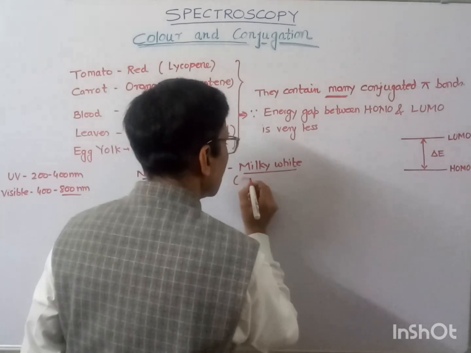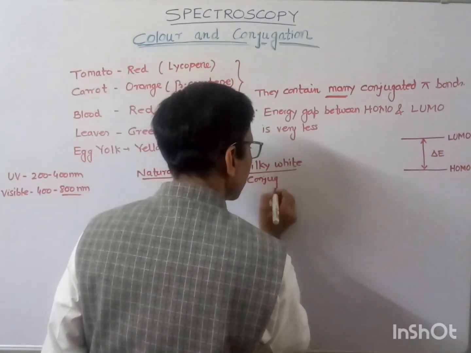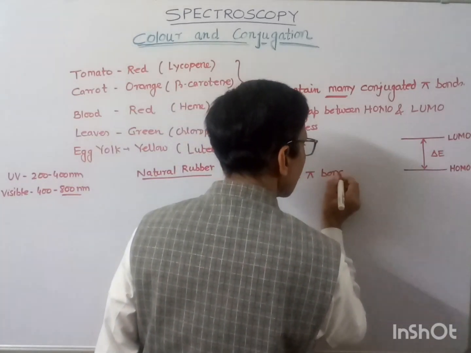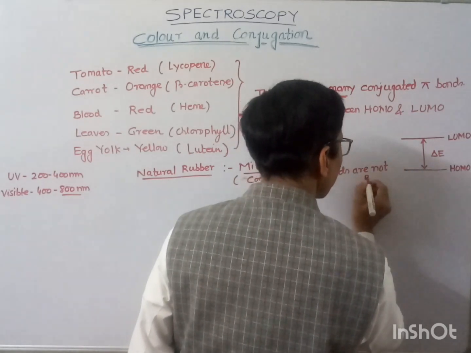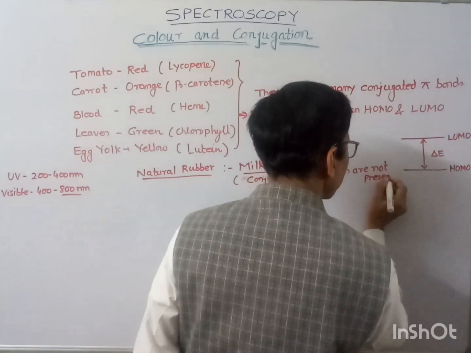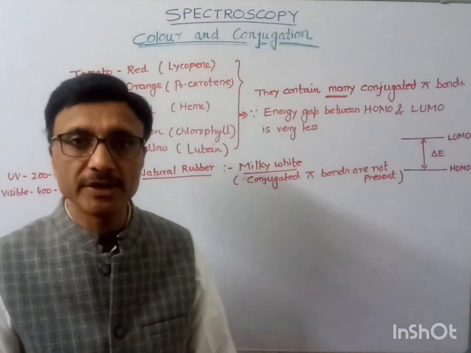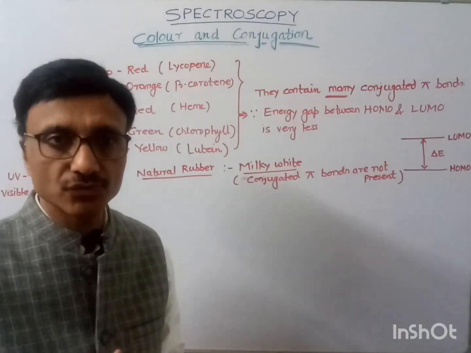So this is natural rubber. It is made up of isoprene units. When a lot of isoprene units combine, then we get natural rubber.